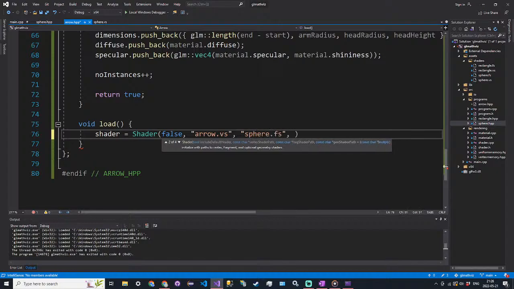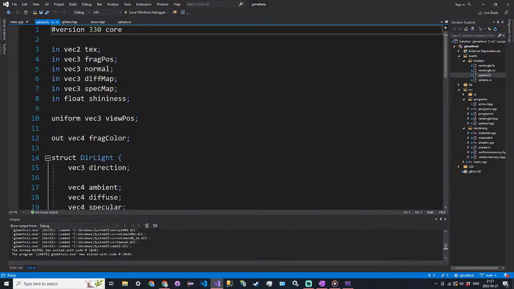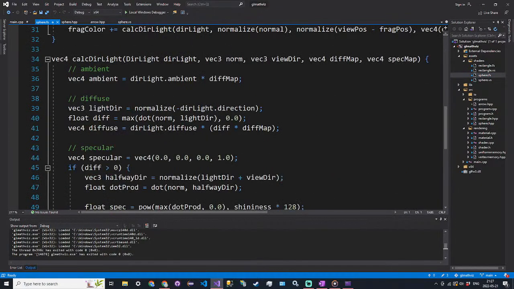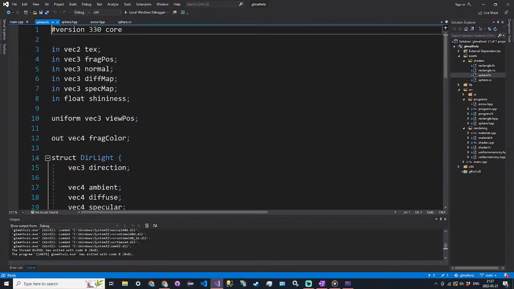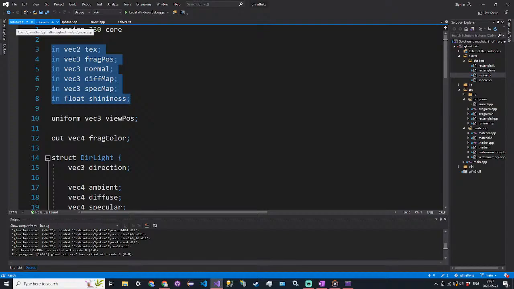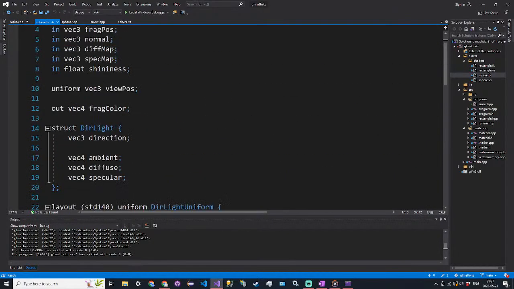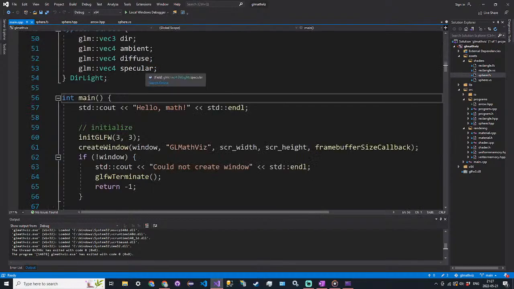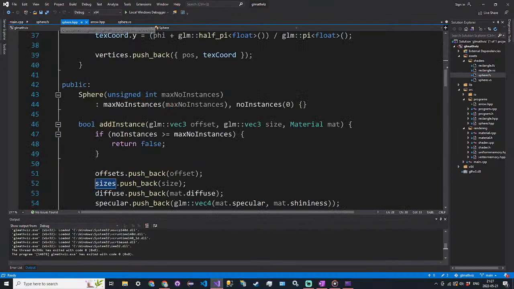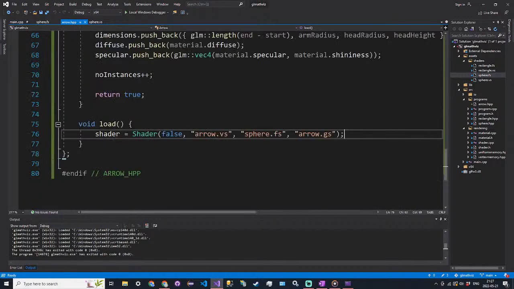Actually, we're going to rename that later. And then the geometry shader will be arrow.gs, and we are going to be using a geometry shader. The fragment shader for the sphere can be used for any object with a directional light. We just need to pass in these values here. And the texture coordinate isn't really going to matter at all. Not sphere, arrow. There we are.